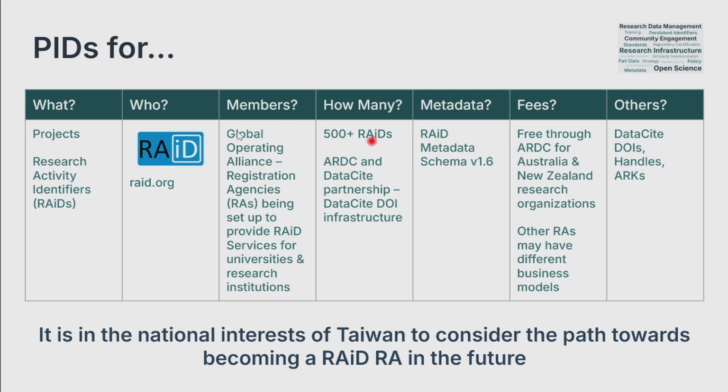It is offered in a partnership, so it uses the DataCite DOI infrastructure, and has its own metadata schema. For Australia and New Zealand, it's free through ARDC. As other RAs are set up, they may have different business models, and that's up to them to decide. And again, alternatives are DataCite DOIs, handles, ARCs.